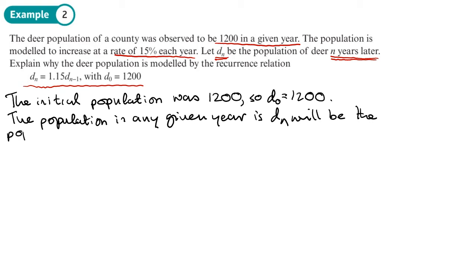Will be the population in the previous year, and that is dn minus 1 plus 15%.